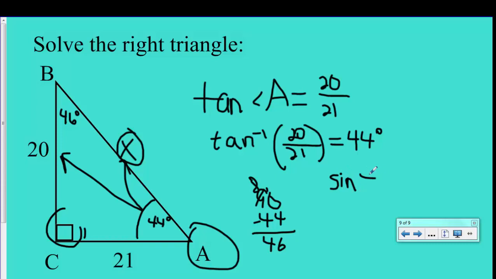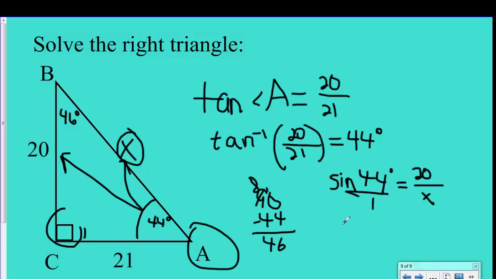Sine of the angle 44 degrees equals, leg opposite is 20, the hypotenuse is x. Cross multiply. Sine 44 degrees times x equals 20 times 1. We can see by the cross multiply step on this problem, 20 times 1 equals 20, that we're going to have to divide to get x by itself.